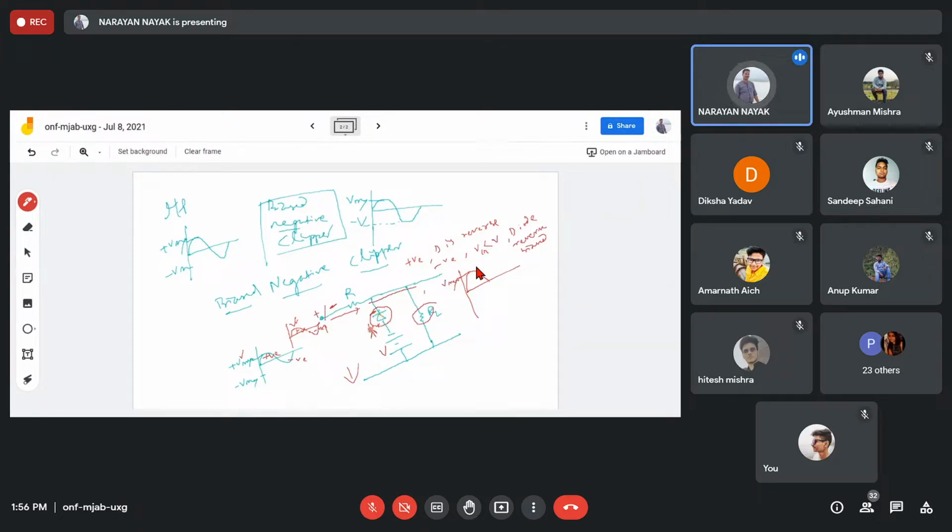The diode is off now. Diode off means whatever amount of negative voltage you applied here, that maximum voltage will appear across the load resistor.